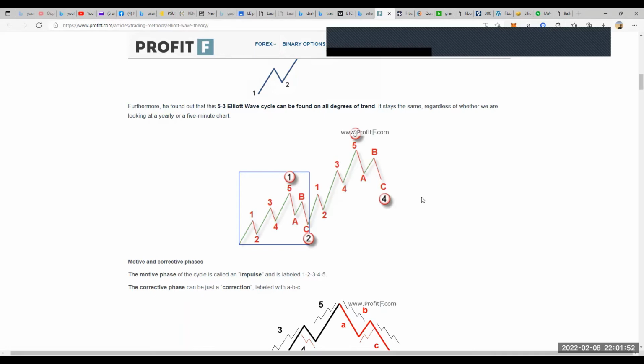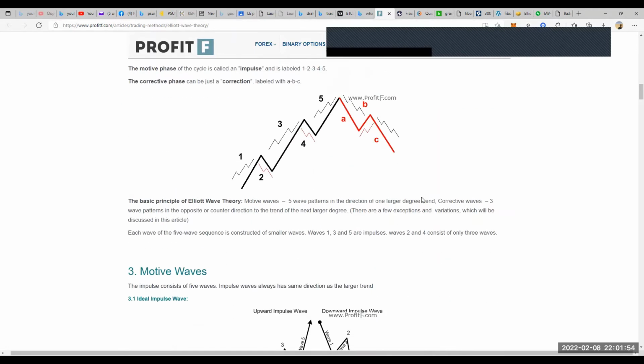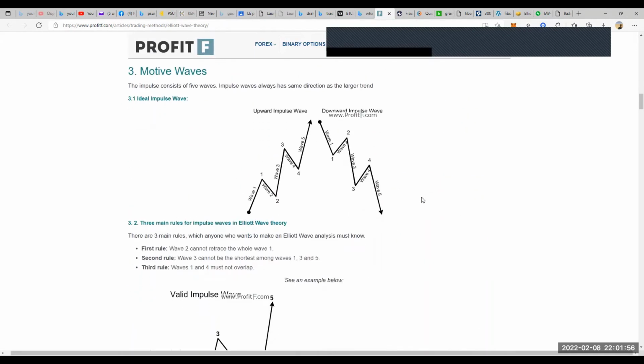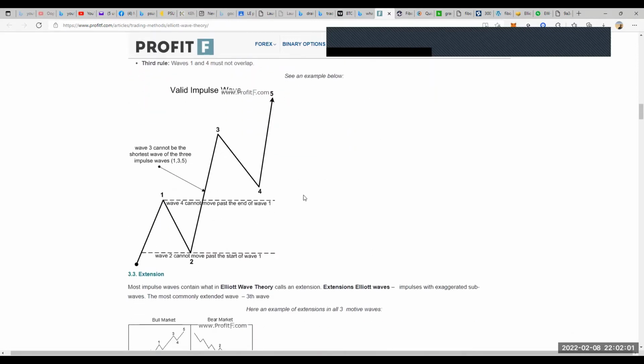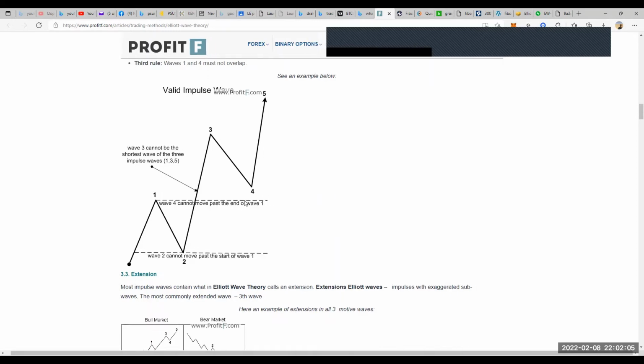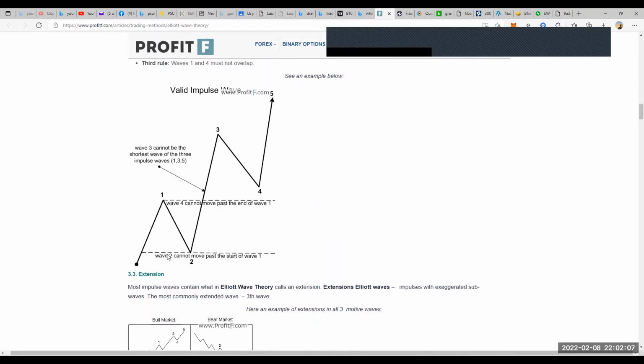Now there are some rules that have to be followed for Elliott waves, to ensure that your trading strategy is solid. The first rule is that wave 2 cannot move past the start of wave 1.